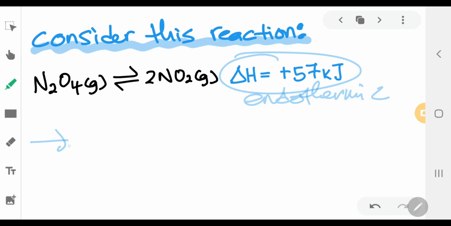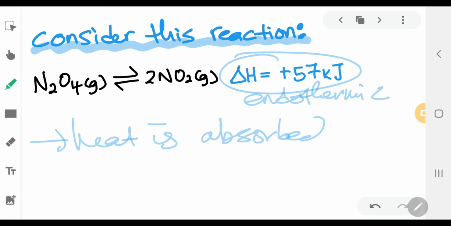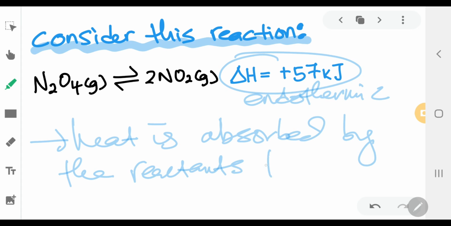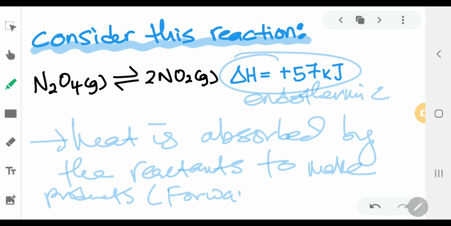So in the endothermic reaction, heat is absorbed by the reactants to make products, in brackets, forward reaction. So it's still going to be the same concept in terms of forward and reverse.